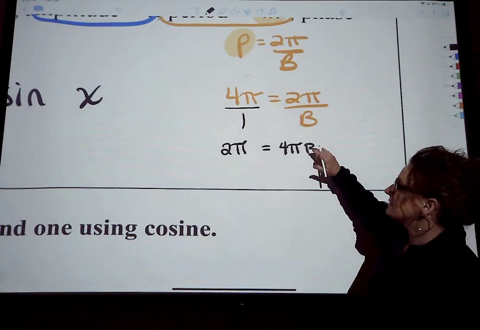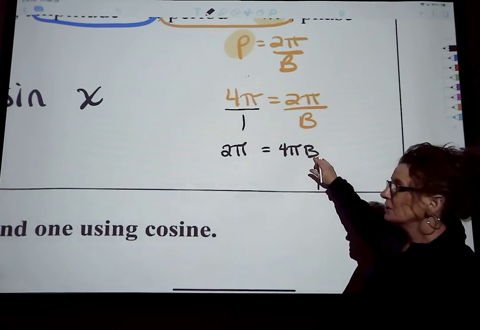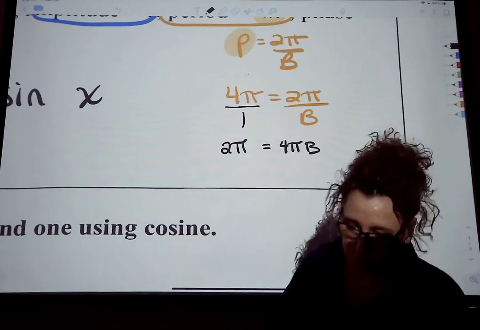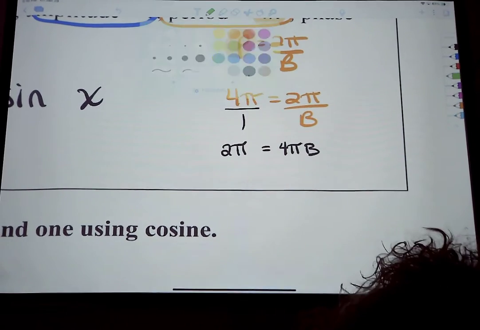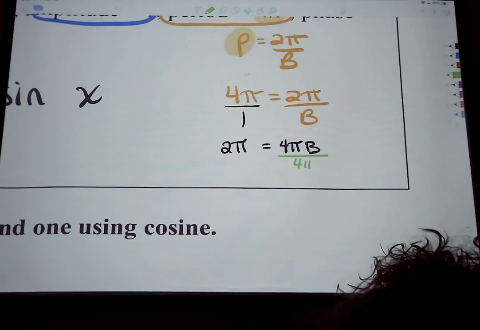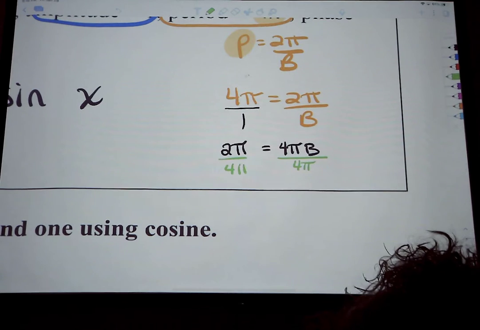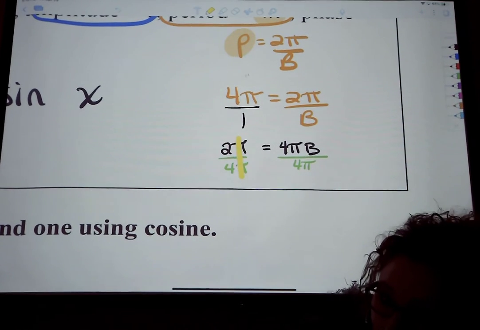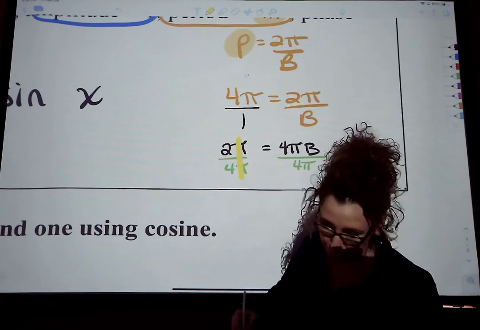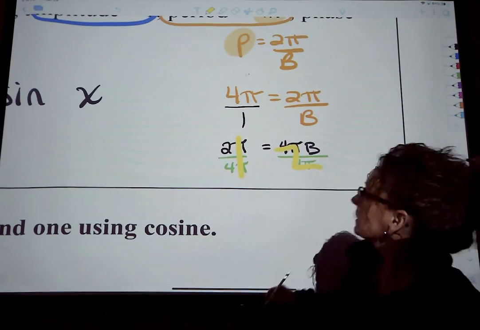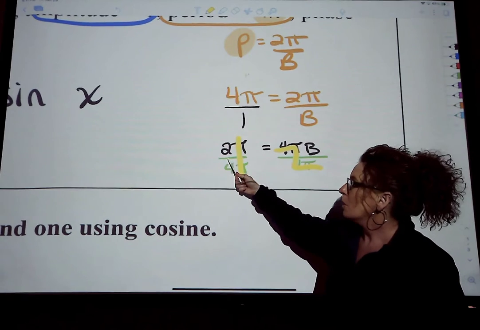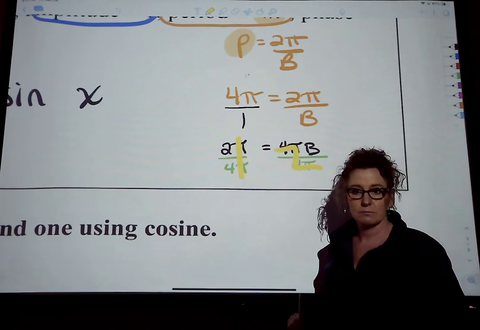Remember, we're trying to figure out what b is. So you need to get rid of this that's attached to the b. Get rid of the 4 pi. And I do that by dividing by 4 pi. The pi's cancel, and I'm left with b equals 2 over 4, 1/2.